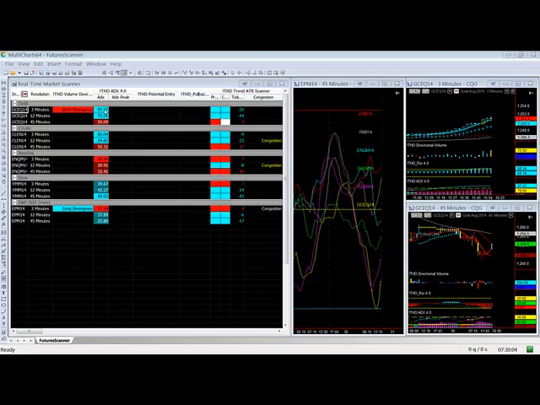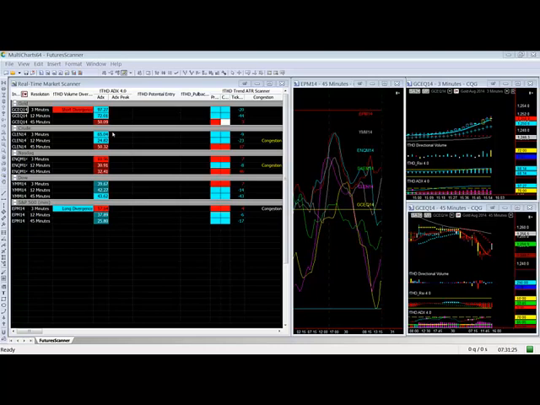So immediately that tells me that gold on a 3-minute chart is actually overbought at the moment. I would be looking for a retracement on the 3-minute chart.